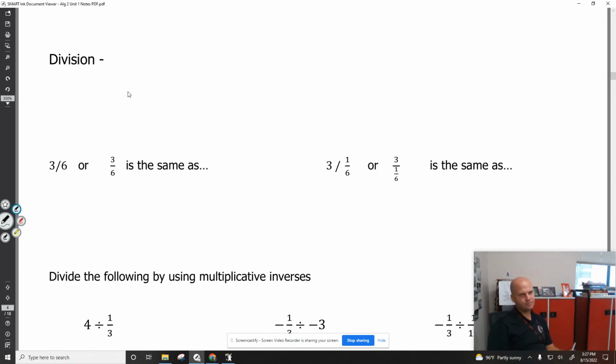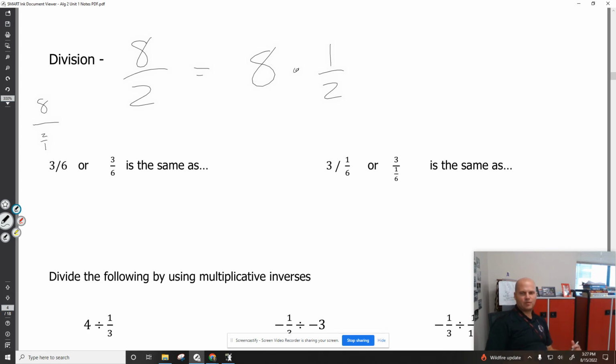Division. Dividing is the same as multiplying by the reciprocal. What? Let's turn this into fractions, like 8 divided by 2 over 1, okay?